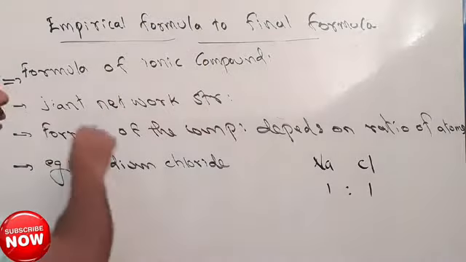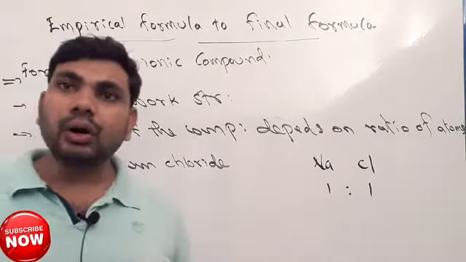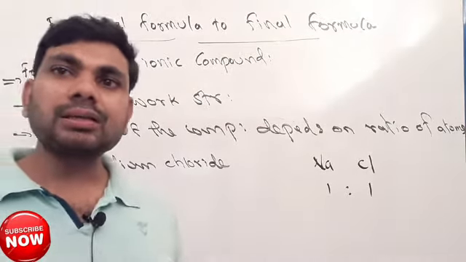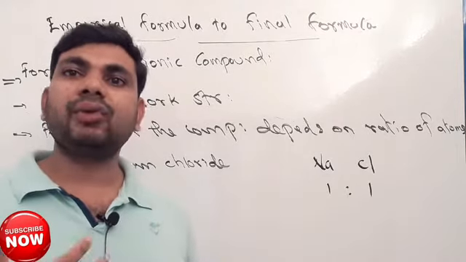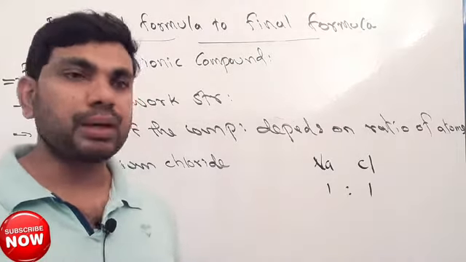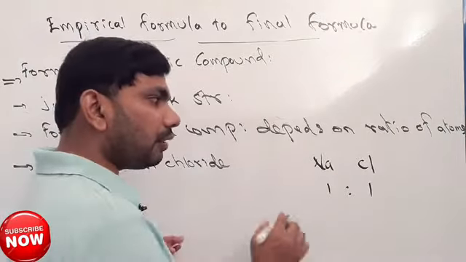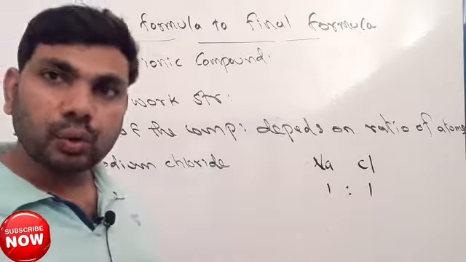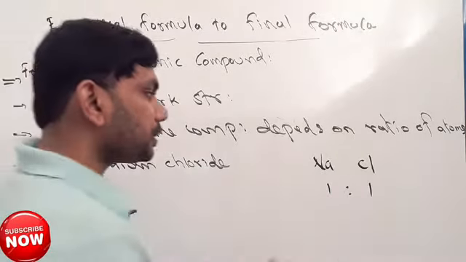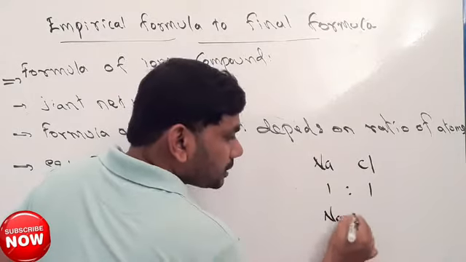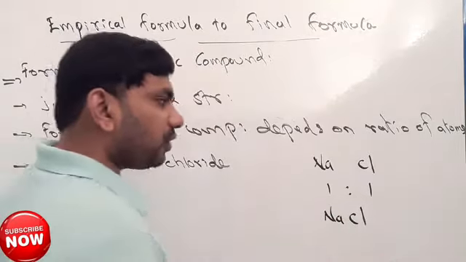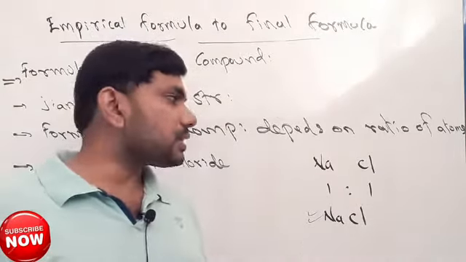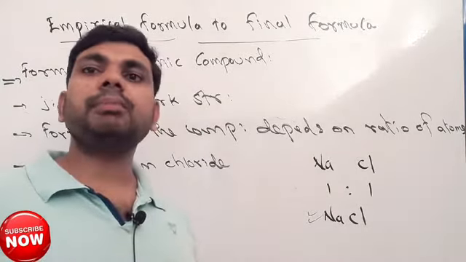For all ionic compounds we can say the ratio of atoms present, and based on this ratio we can give the empirical formula. The ratio of sodium and chlorine is 1:1, so the empirical formula is NaCl. The final formula is also NaCl, because we cannot say one molecule contains one sodium and one chlorine.